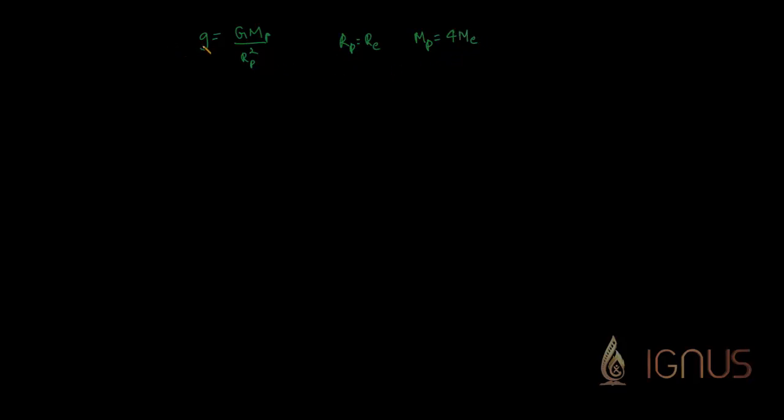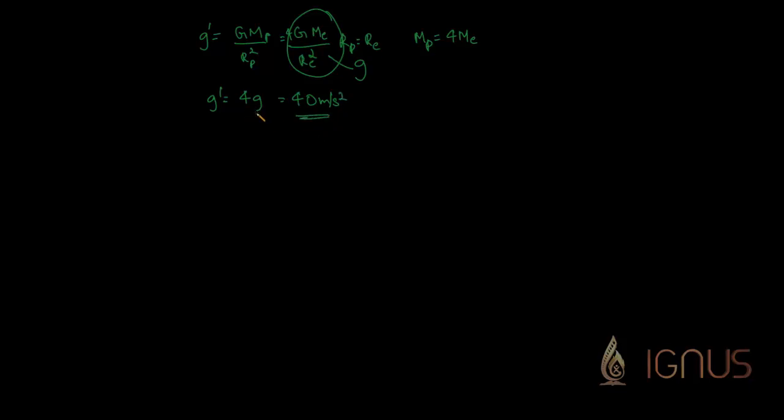Therefore a new g dash will be equal to 4 times g, because if I substitute it here, this will be G me, which is 4 times, divided by re square. This is nothing but our g of the earth. So we know that g dash is 4 times g. The value of g is given, so g dash will be nothing but 40 meter per second square.